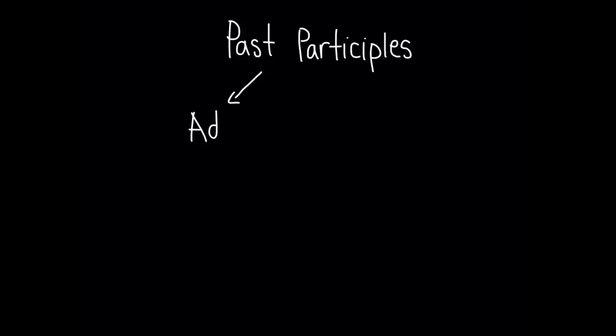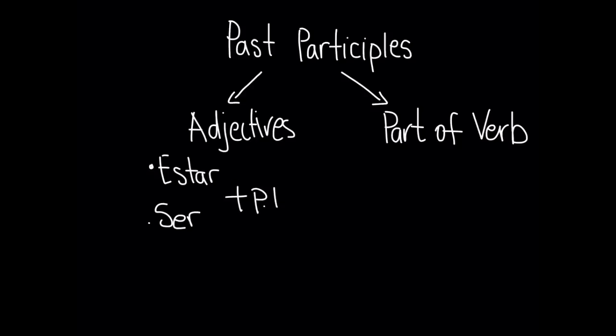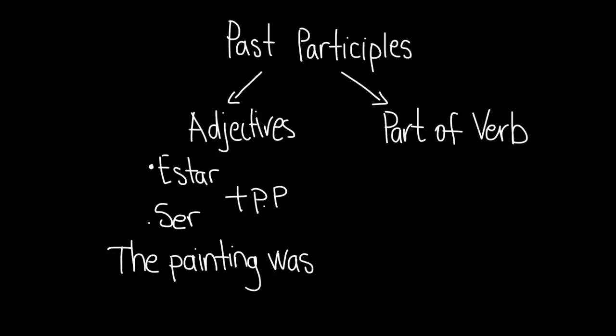First, they act as adjectives. And second, they are part of a verb. When a past participle acts as an adjective, it is placed after the verb estar if it's a condition, or ser if it's a description. So for example, the painting was made in Peru.